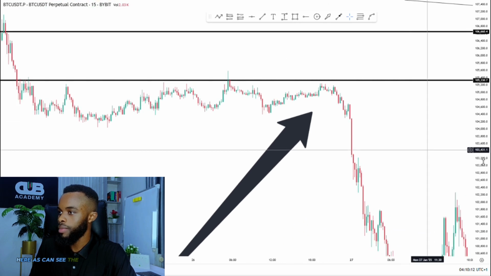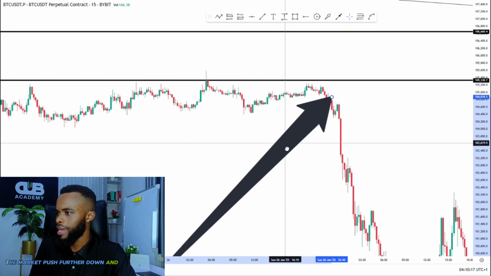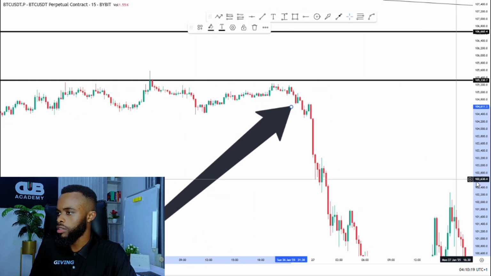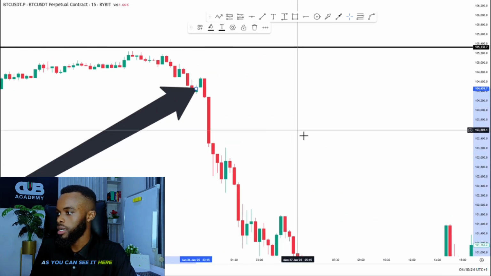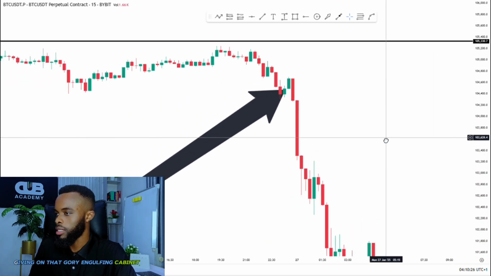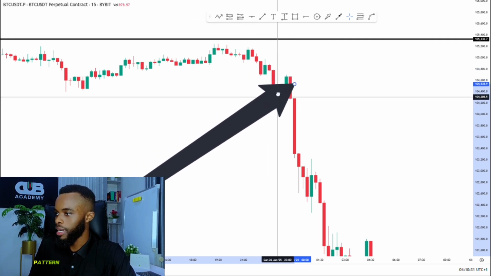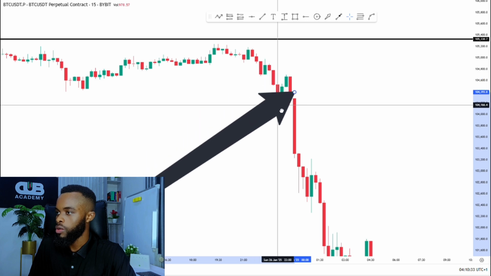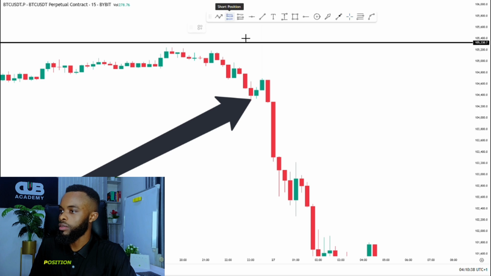As you can see, after the consolidation, the market pushed further down and gave us that bearish engulfing candlestick. So we wait for the completion of this pattern, so we can take our sell position right there.